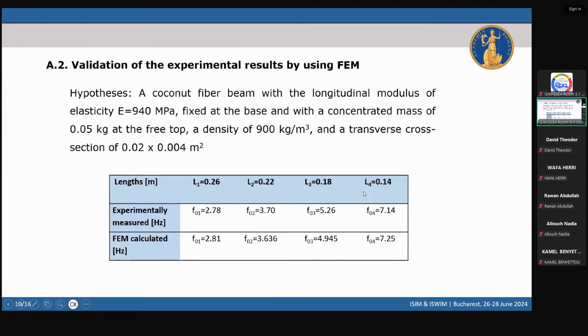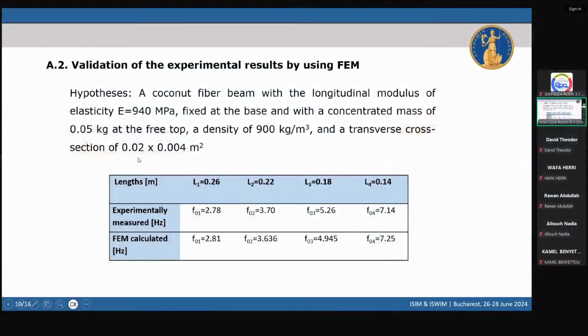And the validation of the experimental results by using finite element method. Here is the beam, the coconut beam. This is illustrated for the coconut beam with the modulus of elasticity, with a concentrated mass of 500 grams at the free top, density 900, and the transverse section with these dimensions.